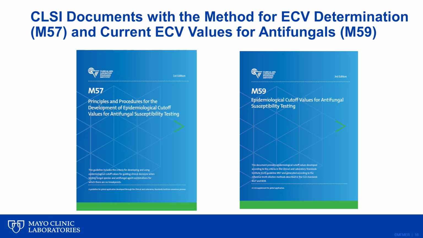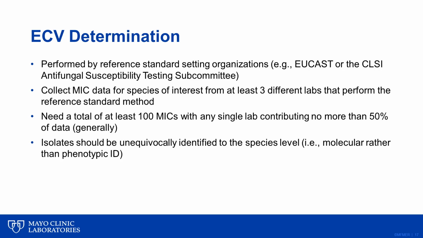The M59 document may be renumbered in the future and published as a supplement to the M57 document, so please be on the lookout for that document numbering change should it occur. The M59 document contains the ECVs, and that document can be updated annually by CLSI as new data becomes available. The M57 method document needs less frequent revision and is updated every 3 years or so, depending on developments in the field.